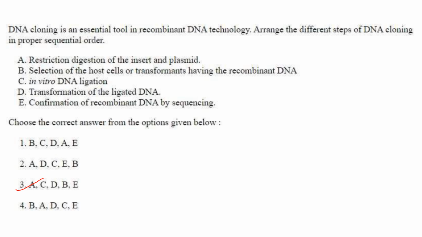Then after ligation, you go for transforming it into a suitable host cell. So transformation of the ligated DNA. Then you select the host cells for recombinants. So B will be selection of host cells or transformants having the recombinant DNA. Then confirmation of the recombinant DNA by sequencing, E. So answer here will be option 3, A, C, D, B, E.